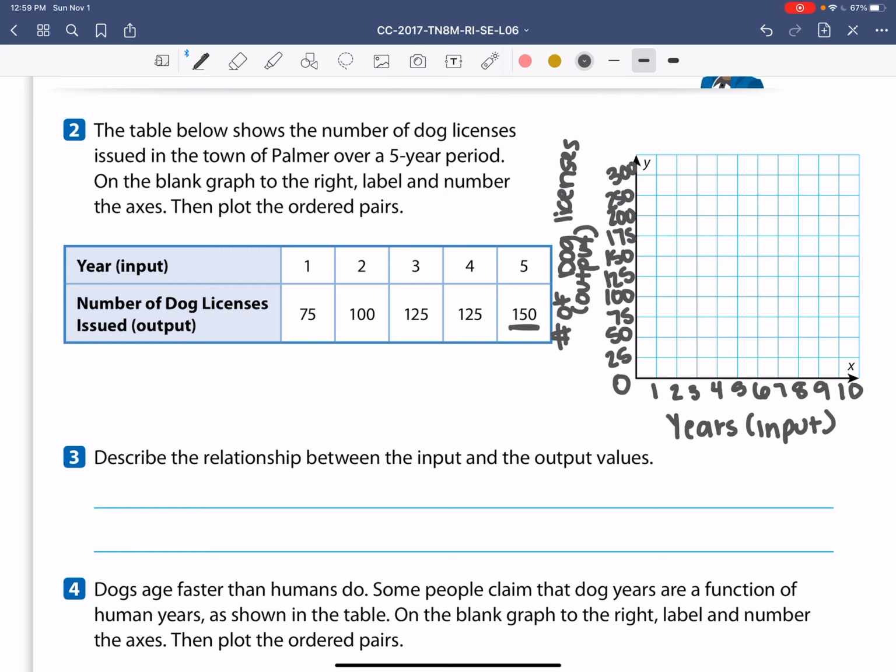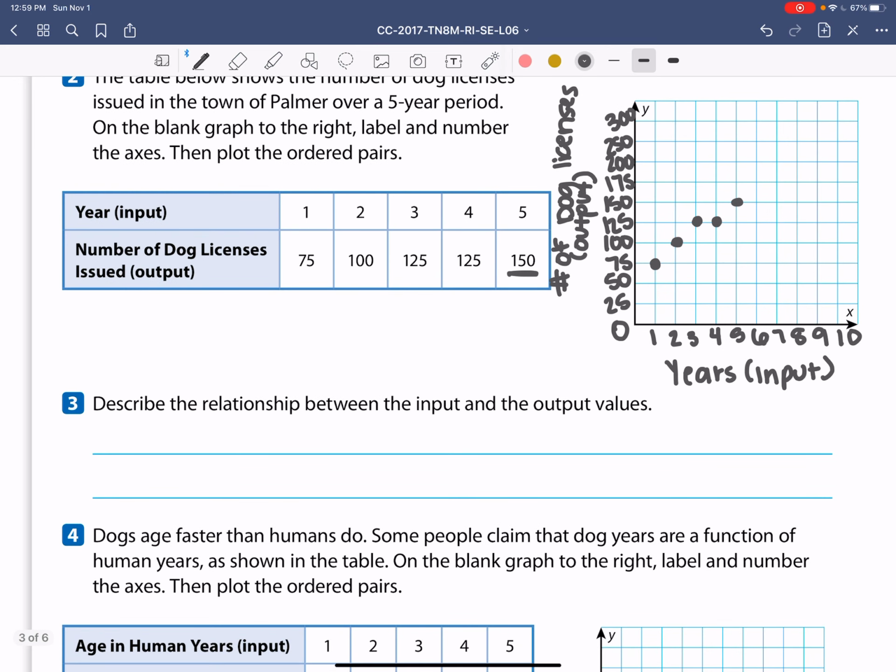Okay, and we'll go ahead and plot. So 1 year is going to give us 75 dog licenses, 2 years 100, 3 years 125, 4 years also 125, and 5 years 150. All right, so we plotted, we've labeled.